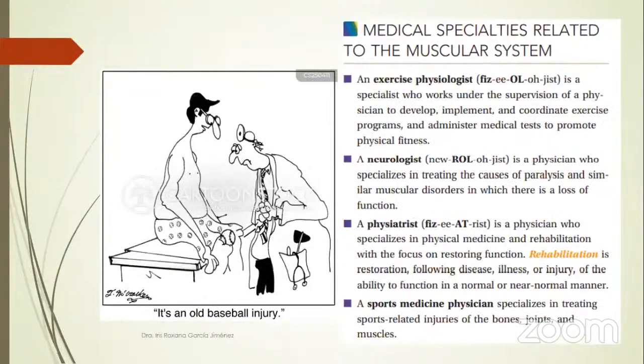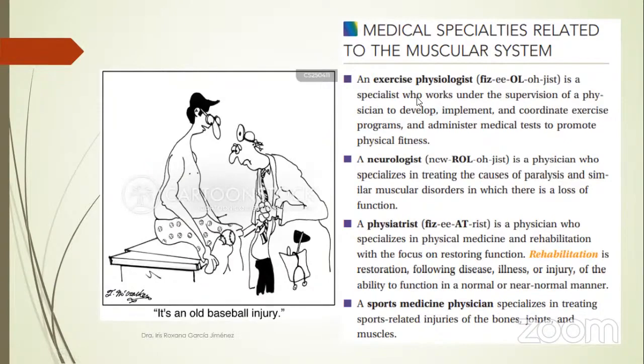We have some medical specialties related to the muscular system. I consider this slide as very important because we have the chance to check that there's not only one doctor who checks this system specifically.